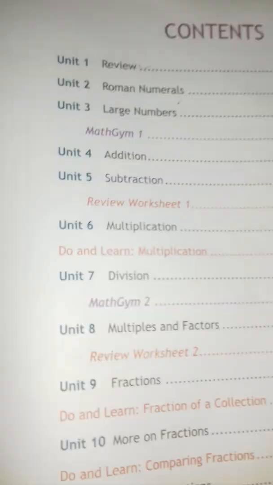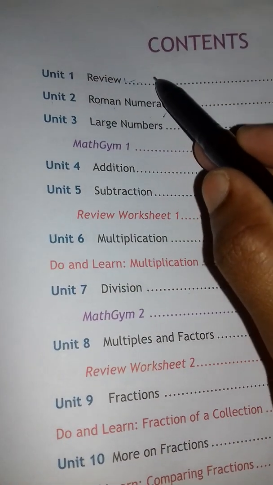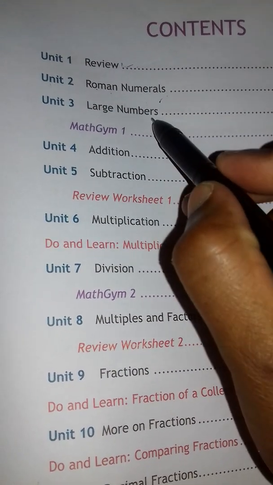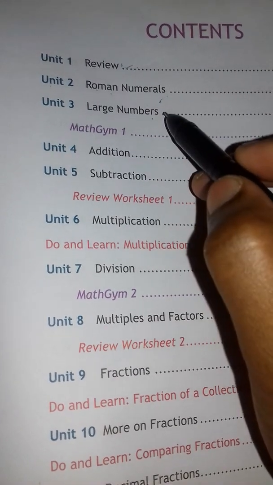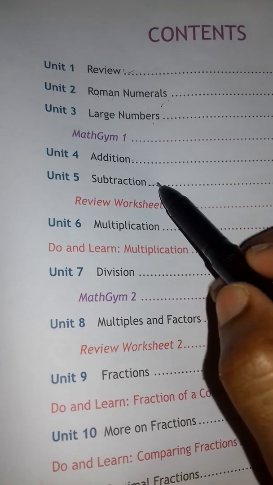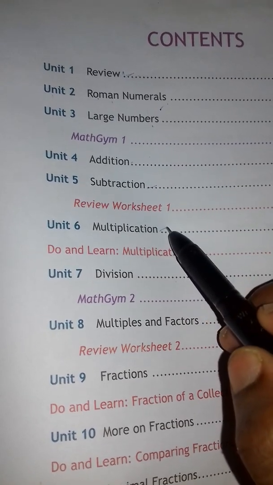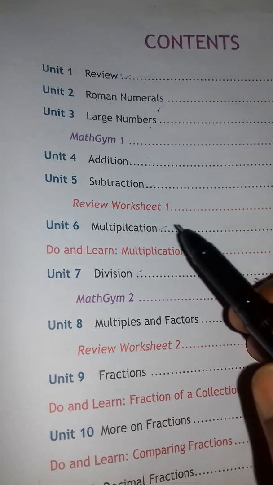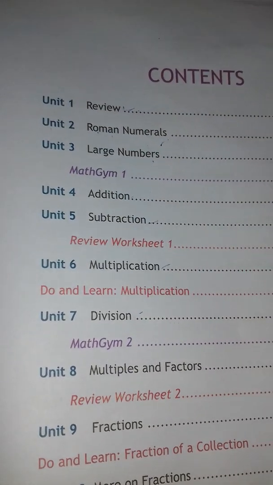And the further content of unit 1 we will revise later on after these units. Like you can see, after Roman numerals, large numbers are given, we will learn something more about large numbers. Then again addition is given, subtraction, multiplication, division. So these we will first learn, then we will move towards the further revision part.